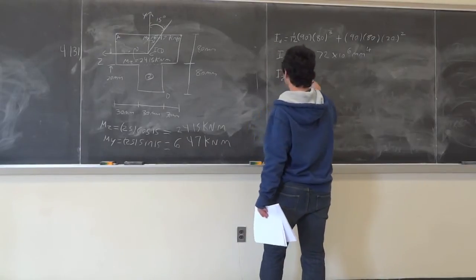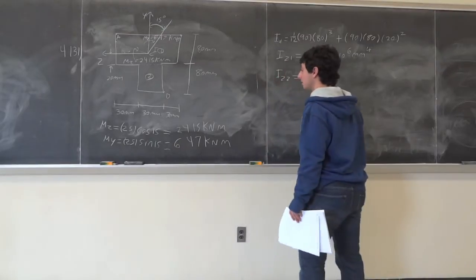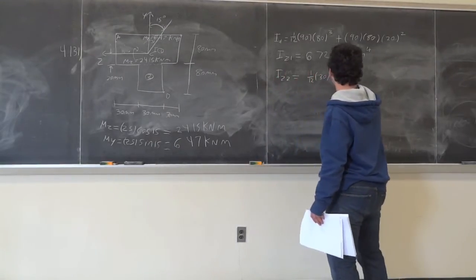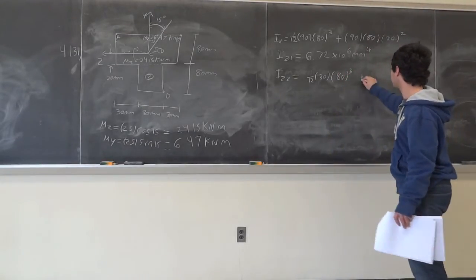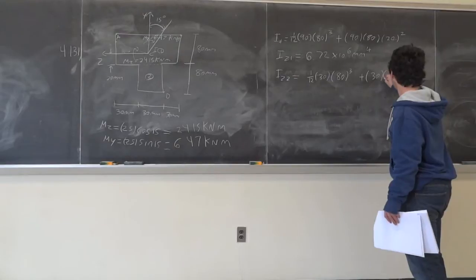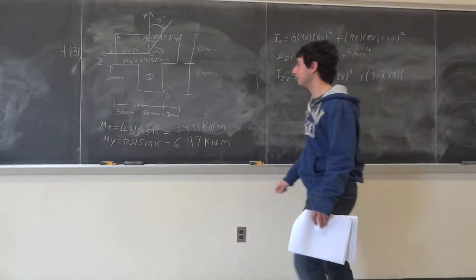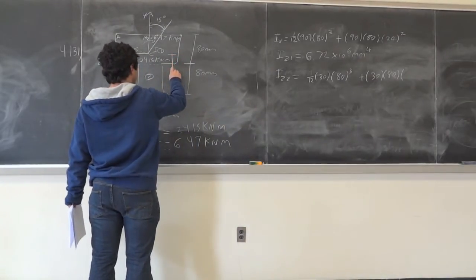Iz2 is equal to 1/12. B in this case is what? 30, exactly. What is h? 80 cubed. Okay, and plus the area, which is 30 times 80. And the distance in this case is what? What's d? 60. It's measured from the centroid.